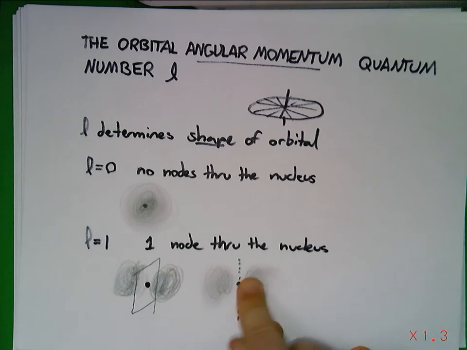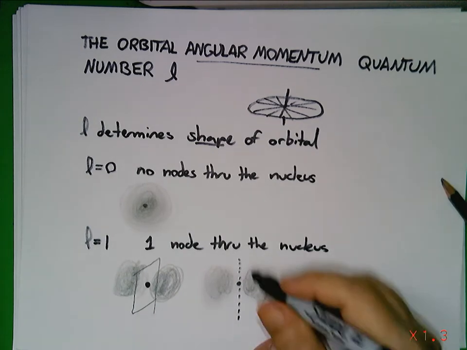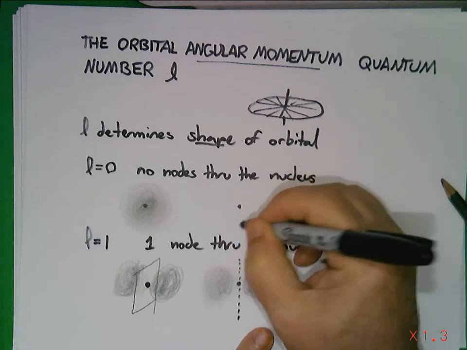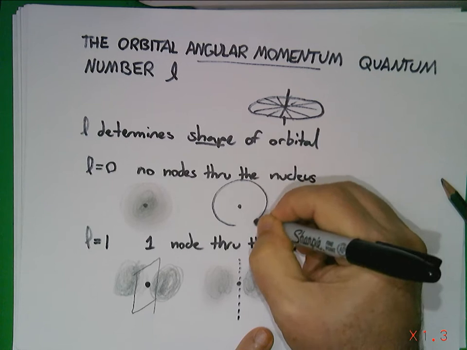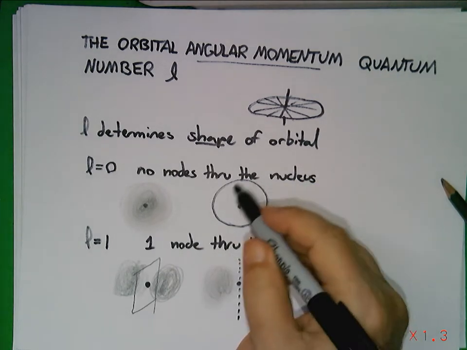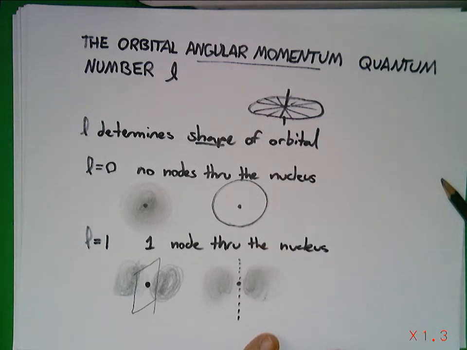So you have these two clouds on either side. If you want to draw these things as surfaces, you can do that too. That's a little bit easier. Imagine you've got a spherical surface around here for this one. Think of this as a holder. It contains most of the electron's charge.